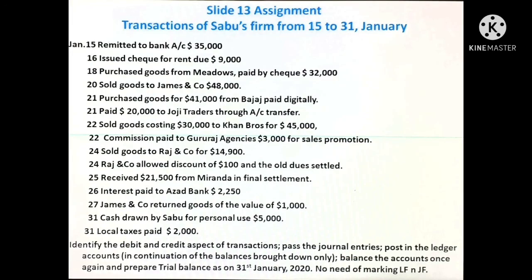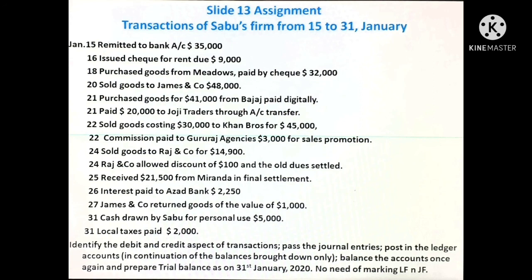Slide 13 is an assignment. Don't get wonderstruck. This is self-correcting and self-grading. Transactions of Sabu's firm from January 15 to 31st are given. Decide the debit aspect and credit aspect of the transactions. Pass journal entries.